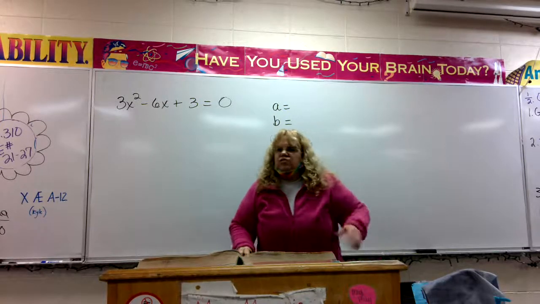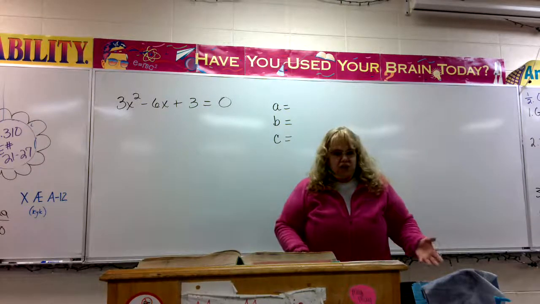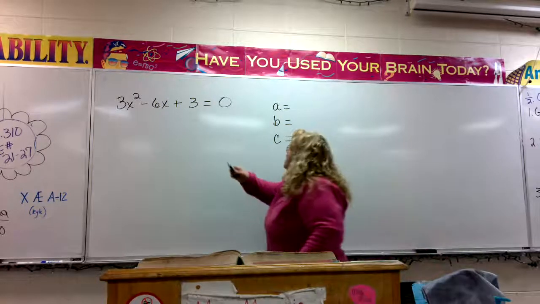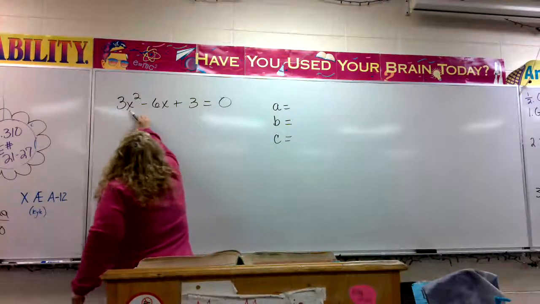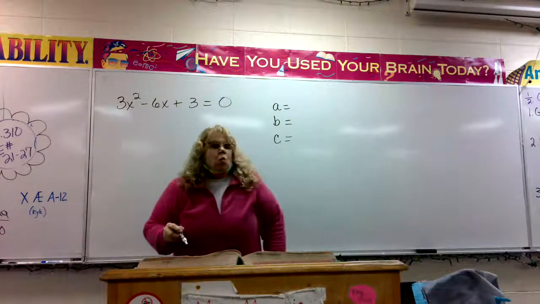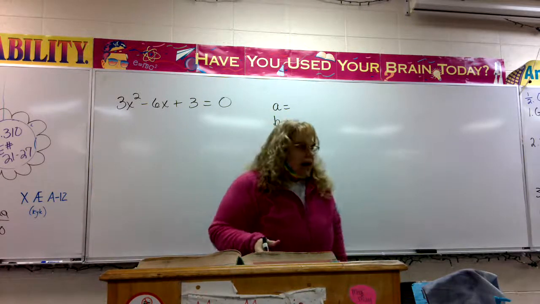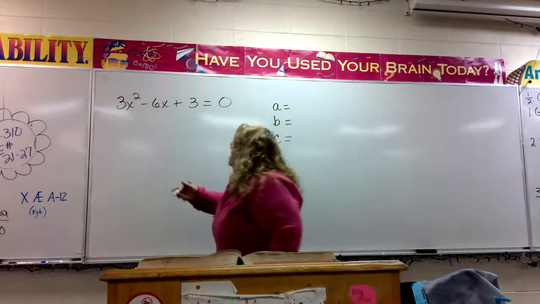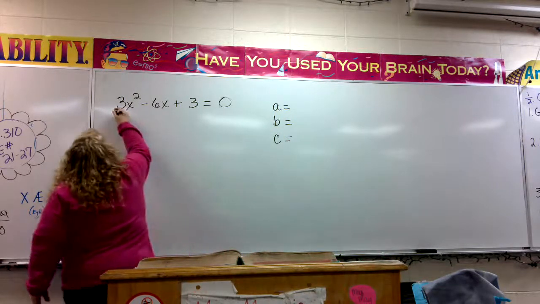And actually, it should probably be equal to 0 first. Make sure it's 0. And on the other side, x to the second, x to the first, x to the 0. When you have it set up, then the a, the b, and the c are the coefficients.